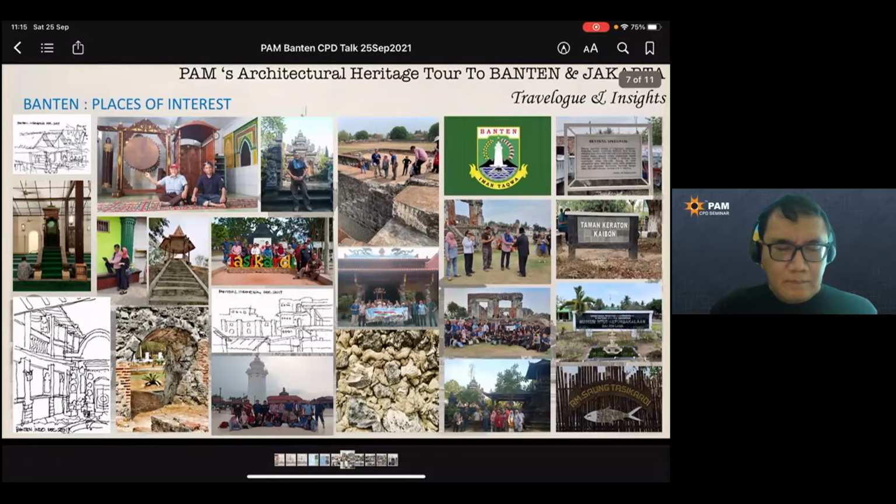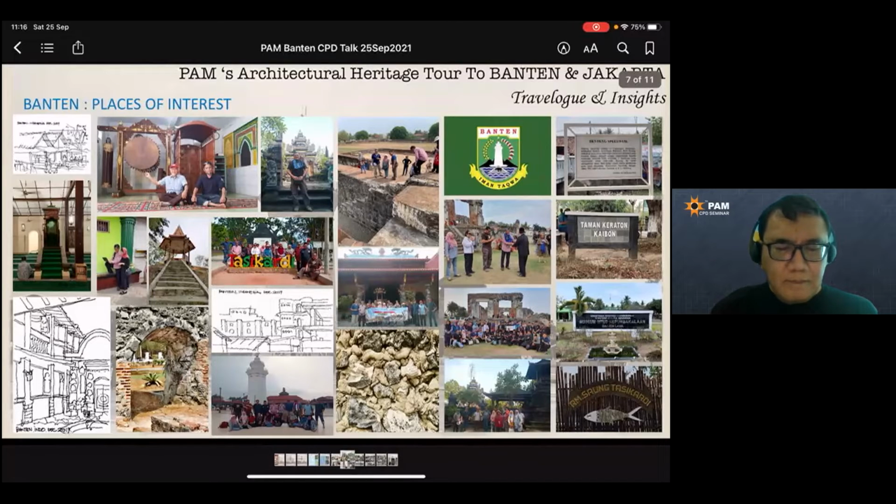And you can see also here, there's a fort made out of seashells, a combination of seashell and some other element to make up the plaster for the fort. And we have sketches done by Dato Hajida, very interesting, very nice.